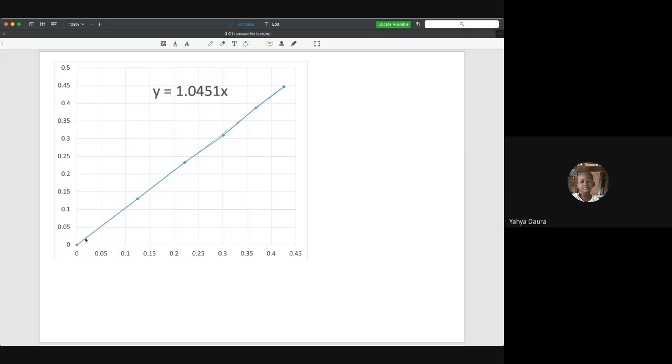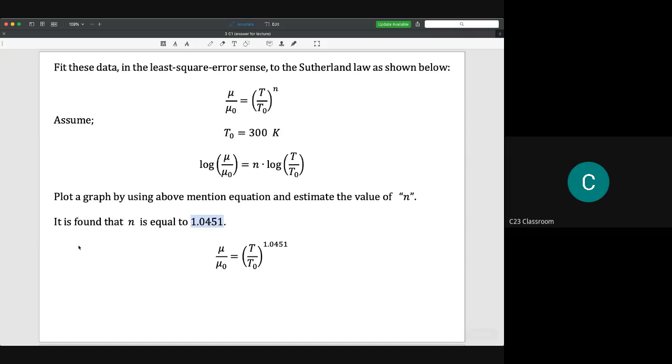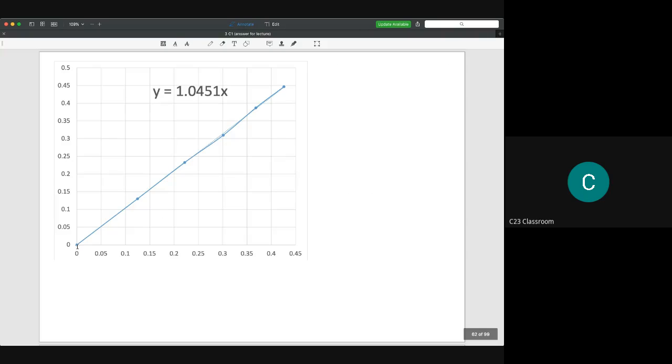The graph must start at 0, 0, because for viscosity it is very weird if we have a coefficient C here. So we plot a graph here.